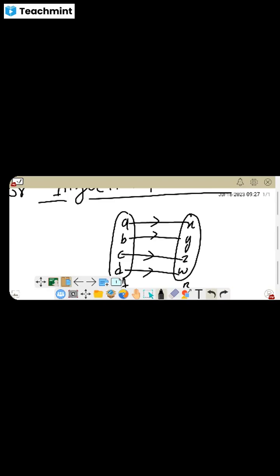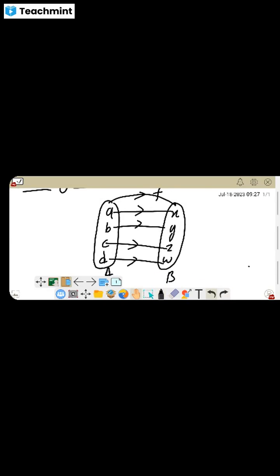In this condition, this is a one-one function. Technically, every element in A will have only one element in B, right? Yes. And we also say this is a one-one mapping.